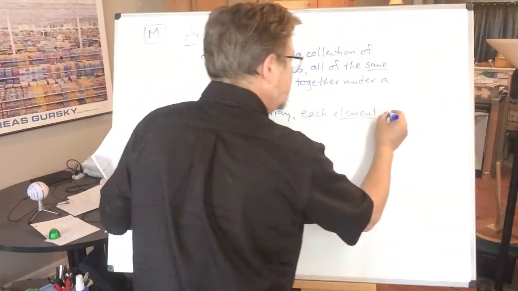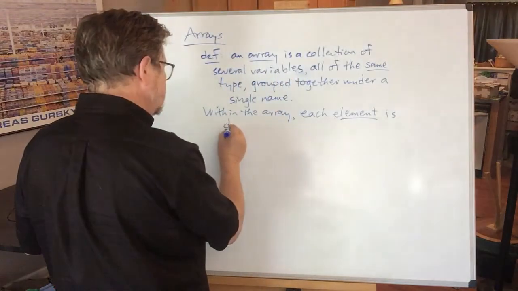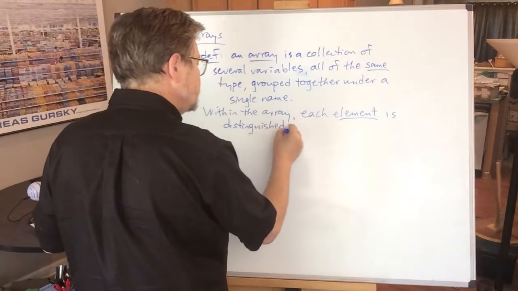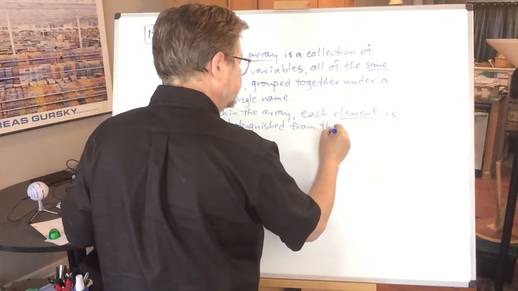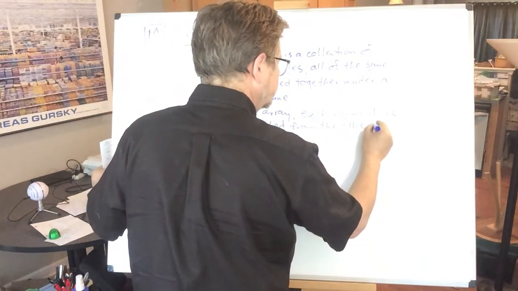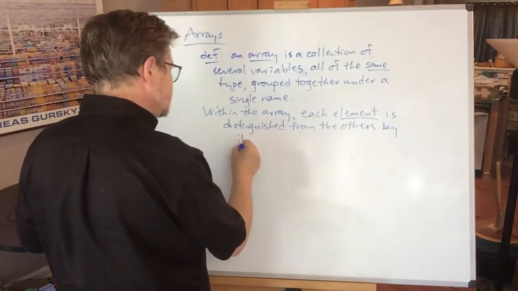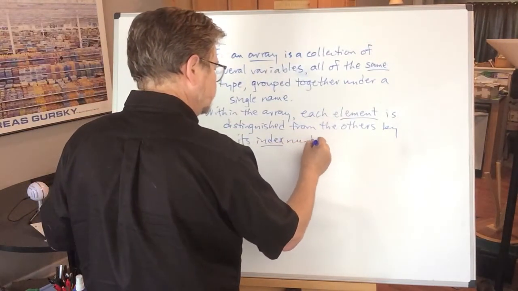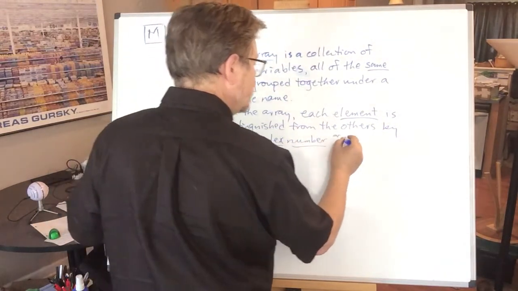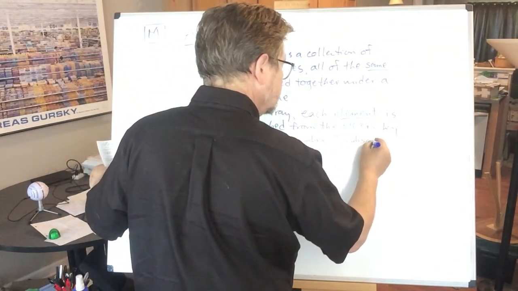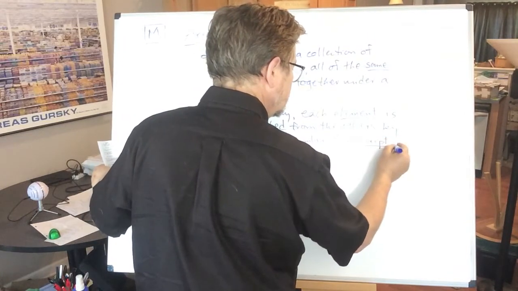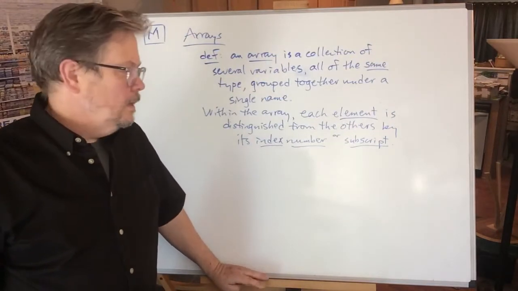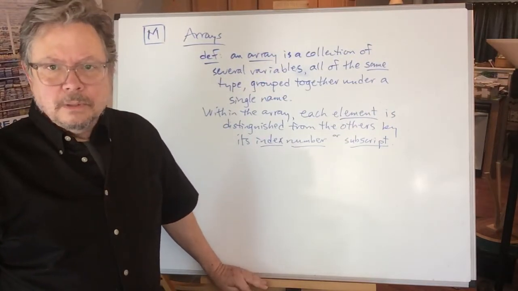Within the array, each element is distinguished, D-I-S-T-I-N-G-U-I-S-H-E-D, from the others by its index number, also known as subscript. And when we're using the term subscript, you'll even hear that shortened. Sub is short for subscript when we're working with arrays.